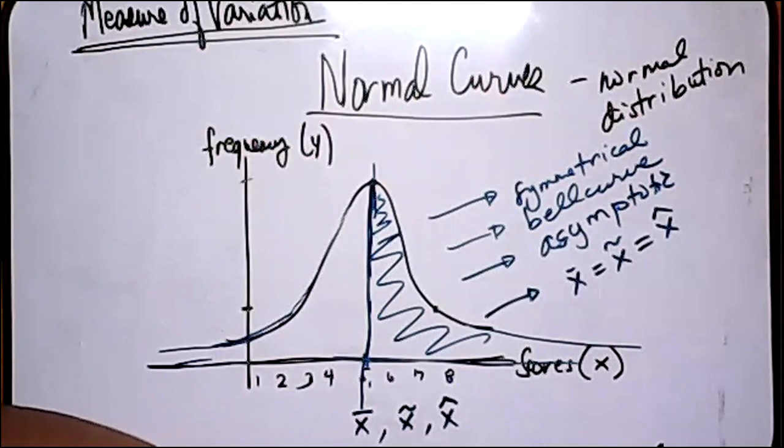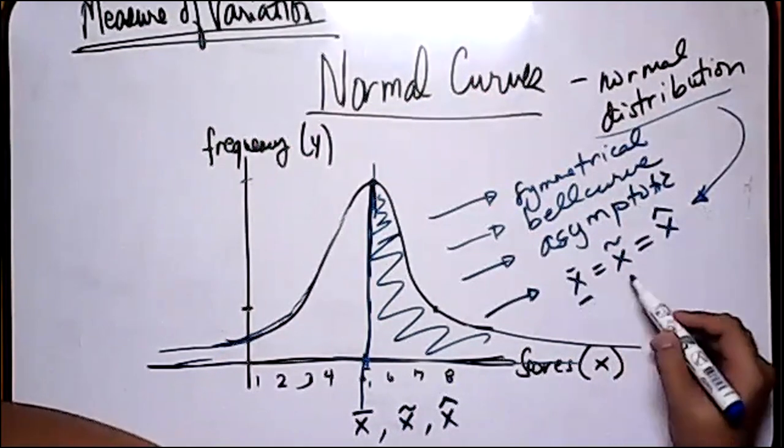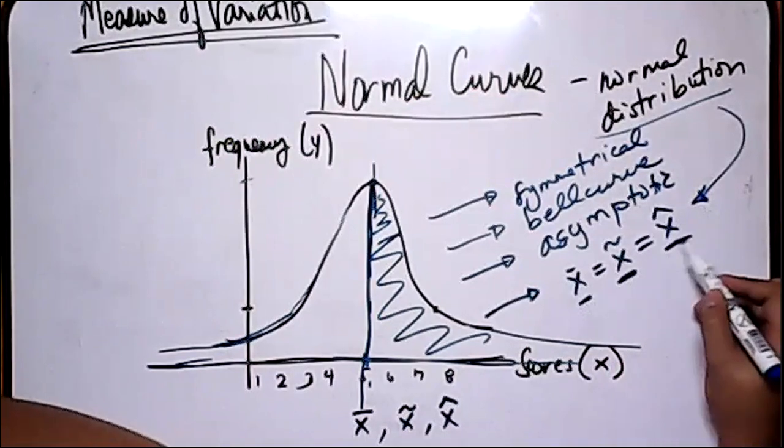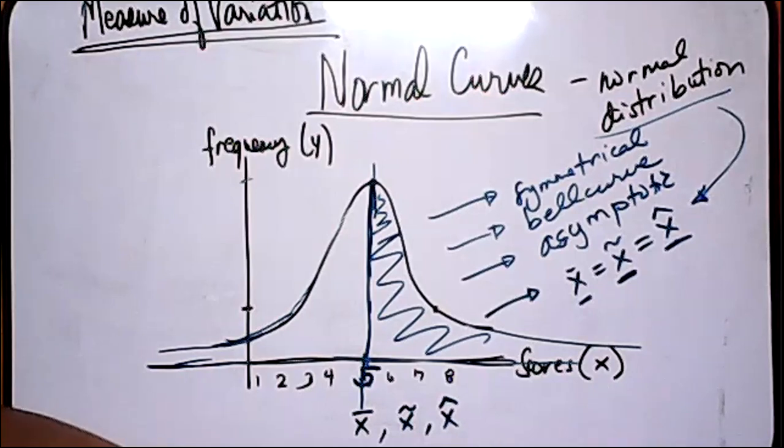I repeat, a normal distribution happens when our mean is equivalent to the median and it's equivalent to the mode. So in this particular example, say our mean is 5, then our median is also 5, and our mode is also 5. When that happens, we infer that the distribution is said to be normal. All right?